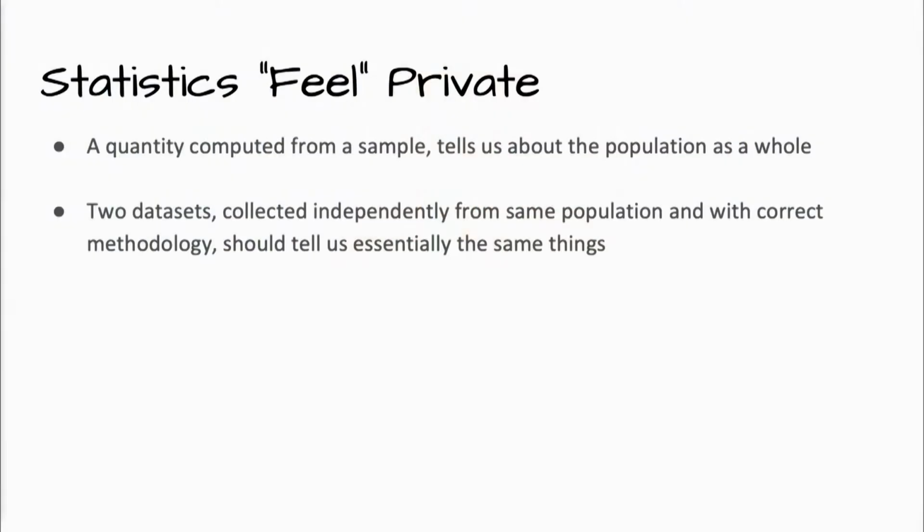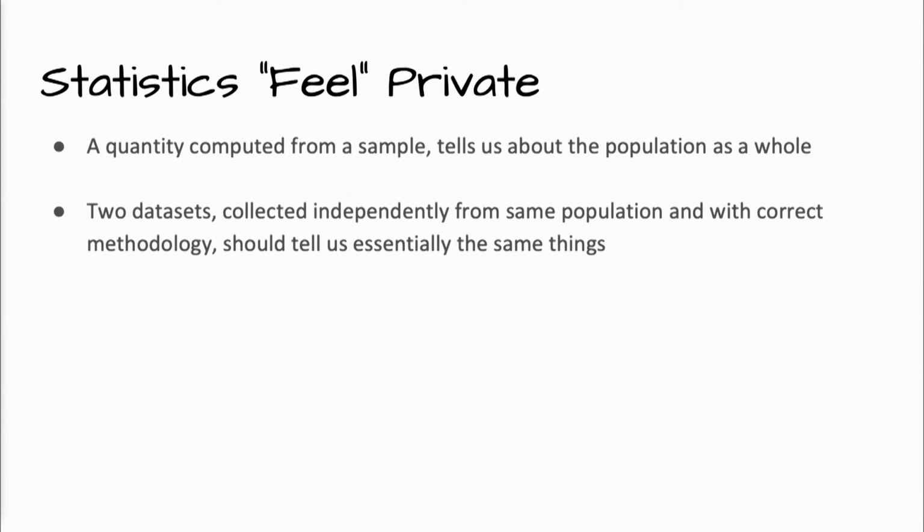So if you have two data sets collected independently from the same population, each with exactly the right methodology, then they ought to be telling you, in some sense, the same thing about the population as a whole.